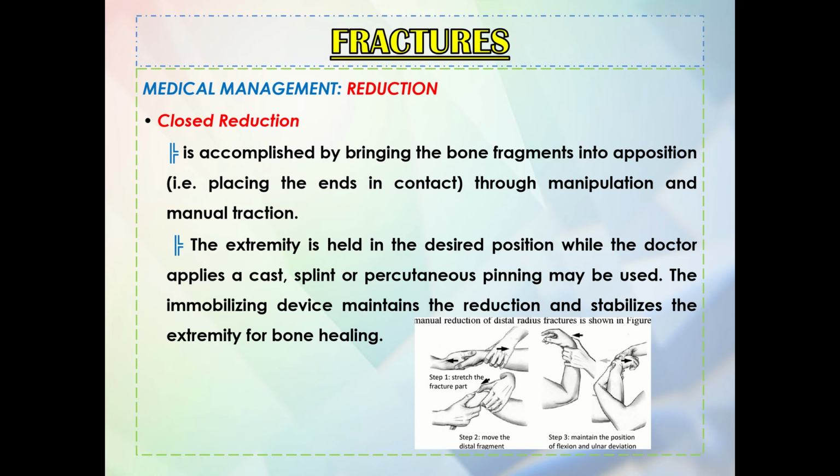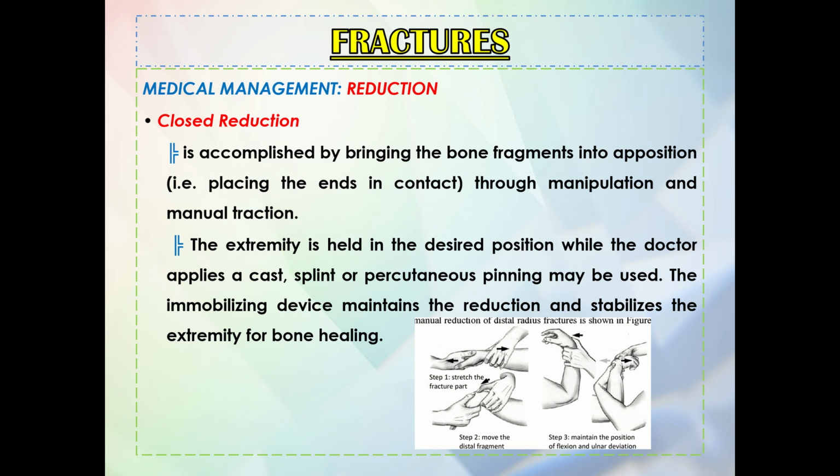So the extremity, just like in this example, is held in a desired position while the doctor applies a cast, splints, or percutaneous pinning may be used. The immobilizing device maintains reduction and stabilizes the extremity for bone healing. So i-reduce mo na yan, ayusin mo muna ni physician, manual traction or manipulation. So that is closed reduction.